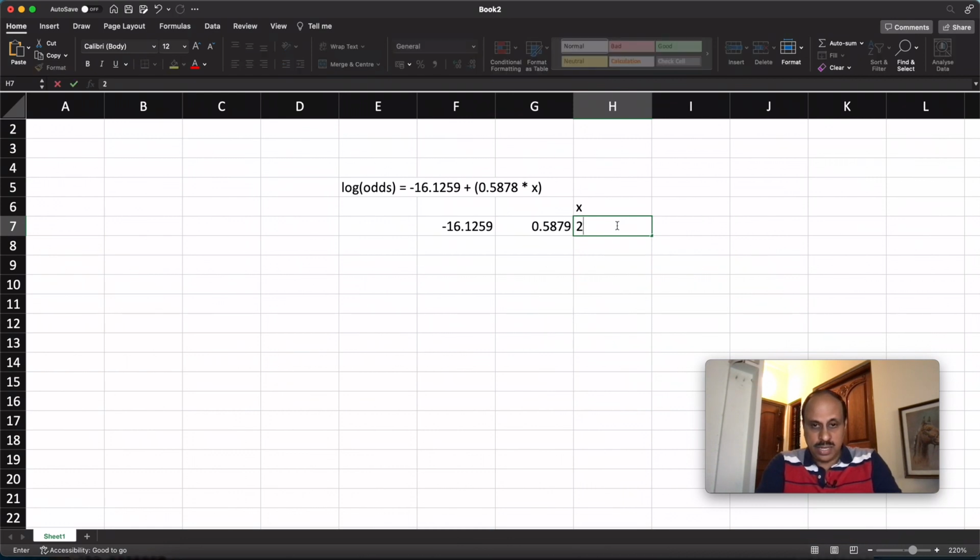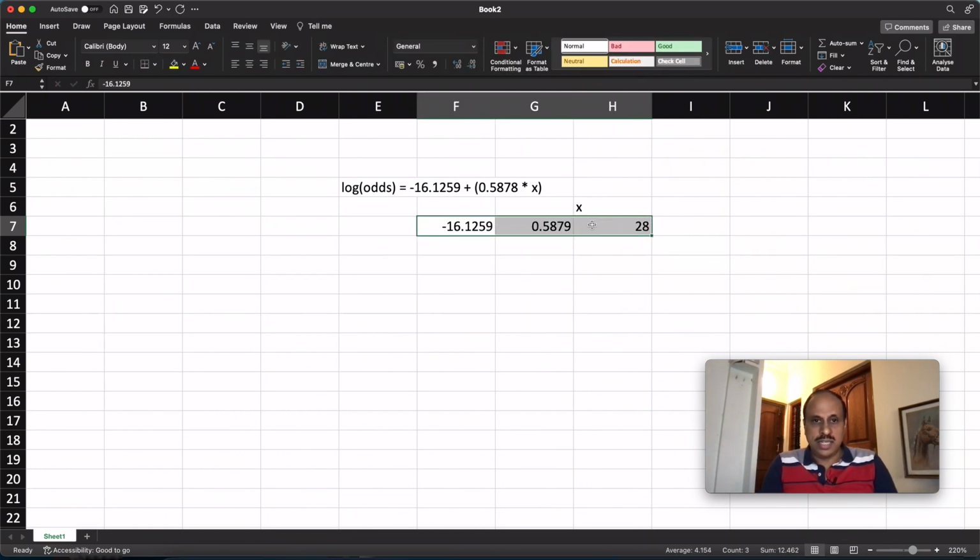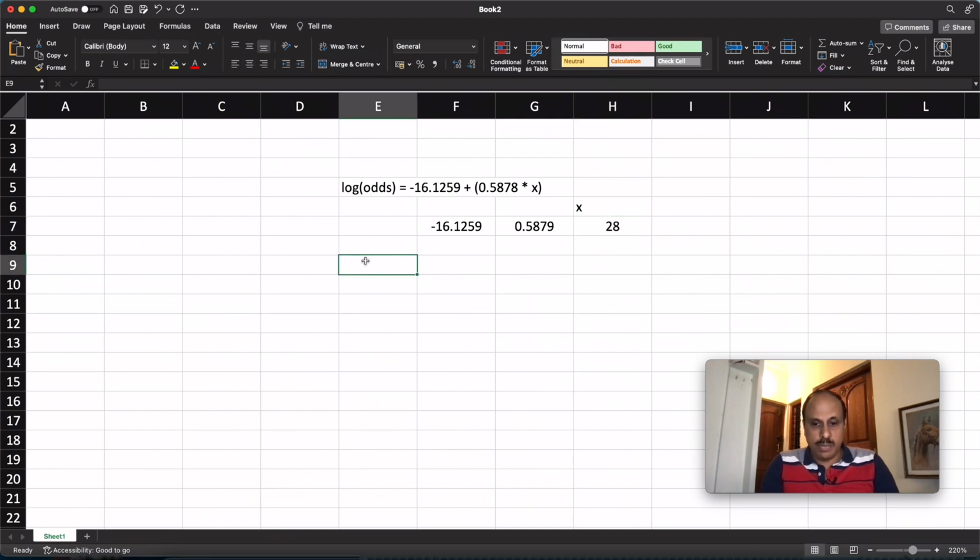Let us just say, for example, I can take x to be 28. So what I've done is taken the right hand side of the equal sign and separated the values into three different columns. So what we can calculate is, for a value of x being 28, we go ahead and create the log odds. So what will be the log odds now?